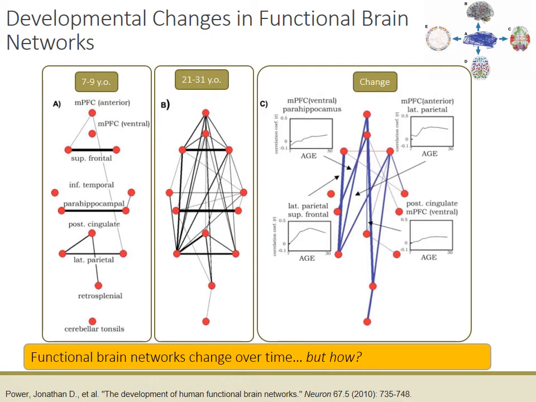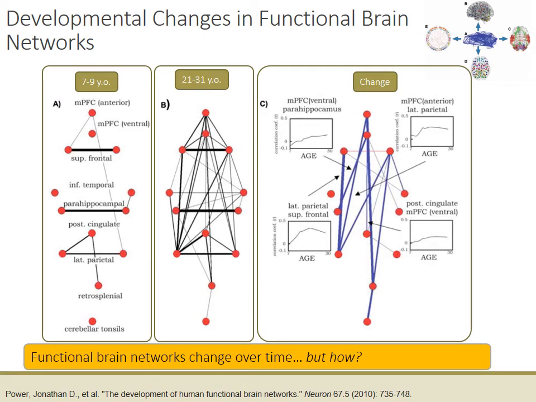They first analyzed 79-year-olds, and then they analyzed 21 to 31-year-olds, and they looked at the change in those functional networks. In the 79-year-olds, a lot of their networks are more or less oriented anatomically, and this graph is pseudo-anatomic in the sense that anterior posterior is preserved and there's some right left laterality to it.